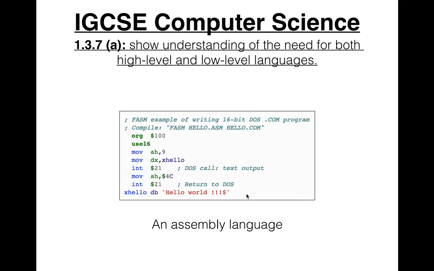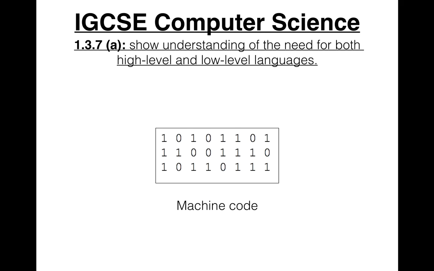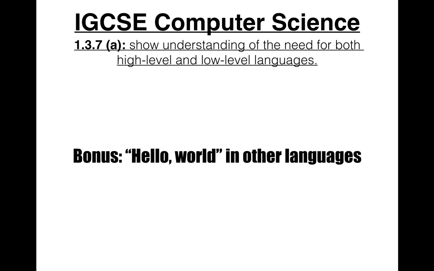Users can add comments to their programs so that they understand what goes on in each line. But more on that in paper 2. And machine code is what we talked about, along with assembly languages, in the first topic. If you want to learn more about that, you can go ahead and watch that video.